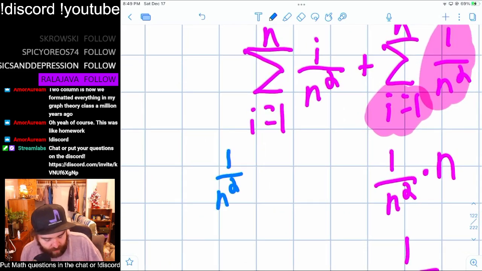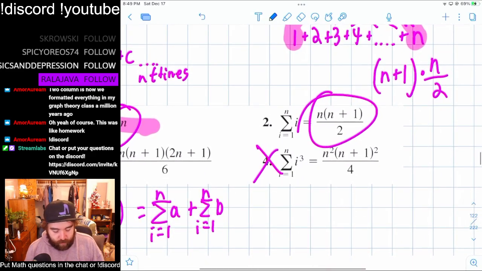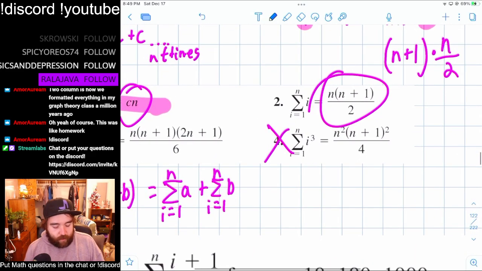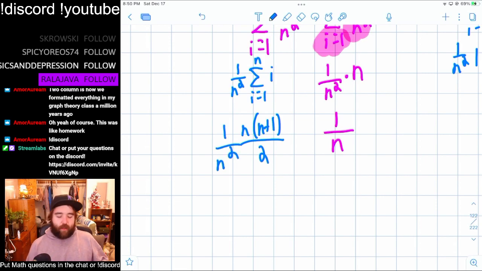So I'm going to do that here and write it out. Bring out the 1 over n squared, because then that just leaves i on the inside. Now we can apply this formula number 2, where the sigma of i is n times (n plus 1) over 2, but that's multiplied by 1 over n squared. Okay, so now the n's cancel.